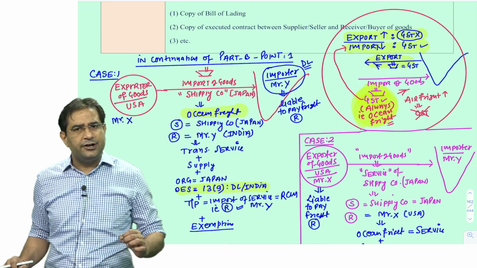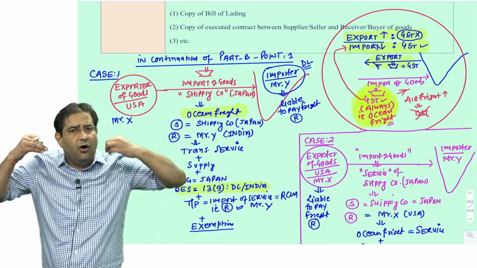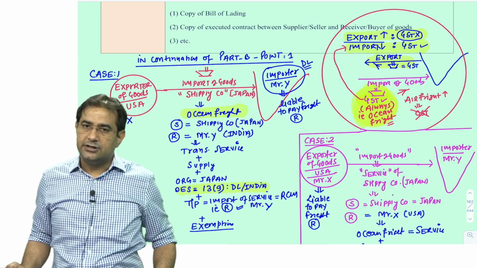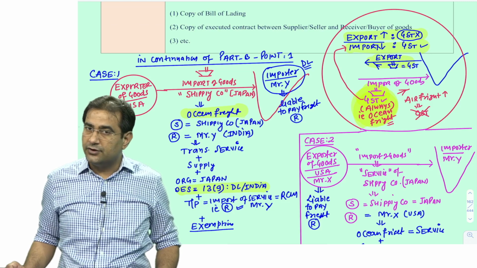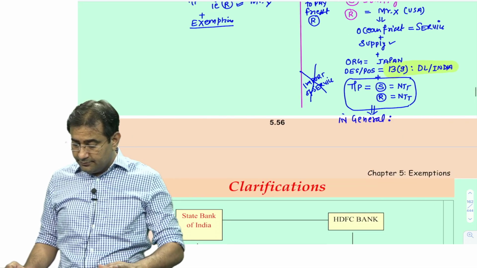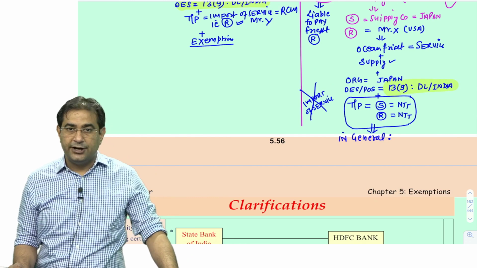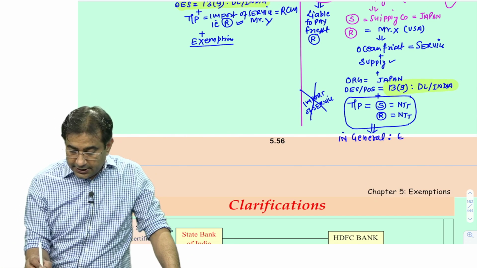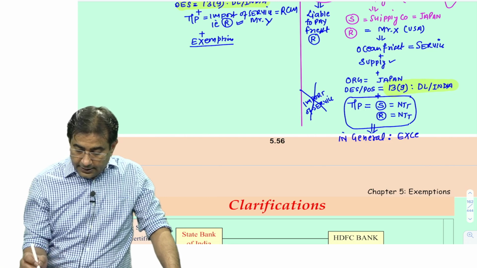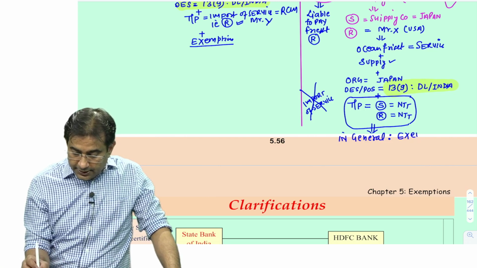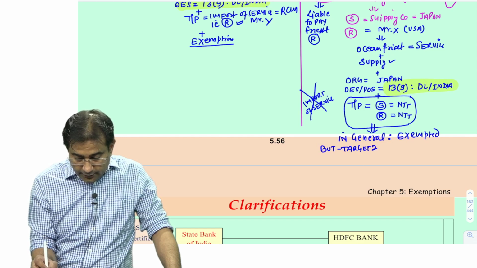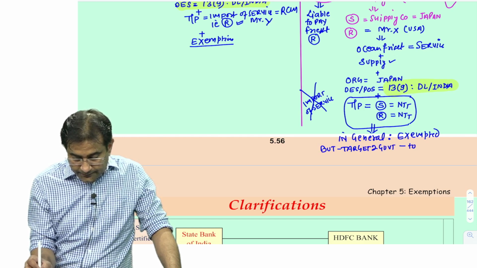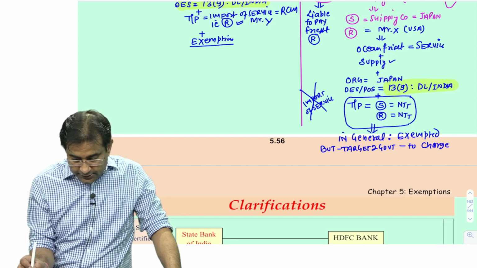So it's the firm determination of the government that it will always charge GST in case of ocean freight with respect to import of goods. But now this exemption will create disturbance in the government's target. In general, it is exempted, but the target of the government is to charge GST on it.